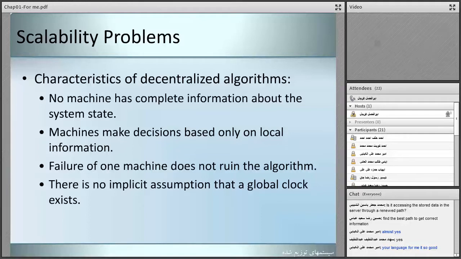What does it mean, global clock? Global clock is like an exact clock that all the machines are synced with. For example, assume that in our distributed system we have 5 machines. They are connected through a network.